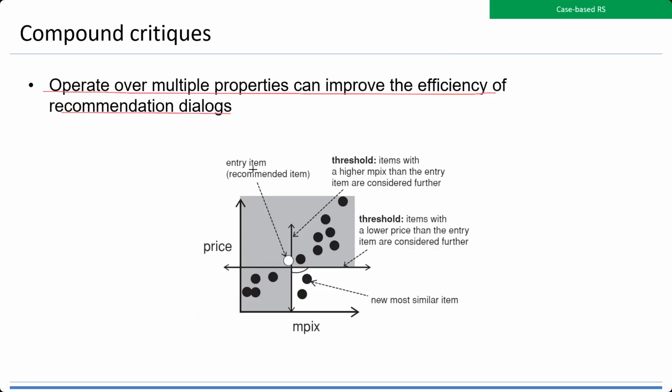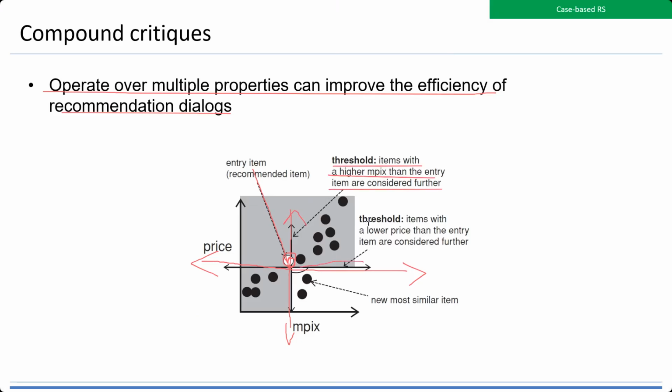Okay, say the user is interested in this item. And the critics, there are two. The first critic is based on price, and the second critic is based on the megapixel. So this is the threshold: items with a higher megapixel than the entry items are considered further.